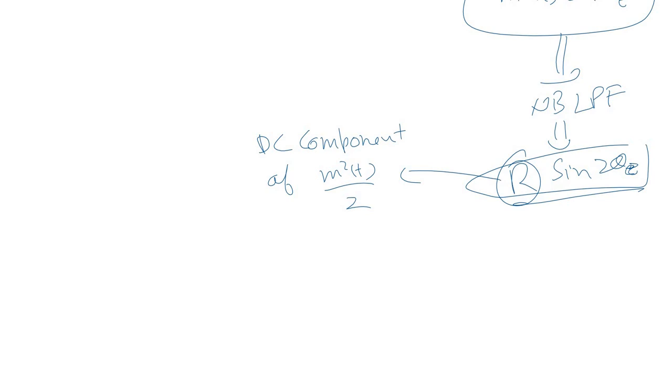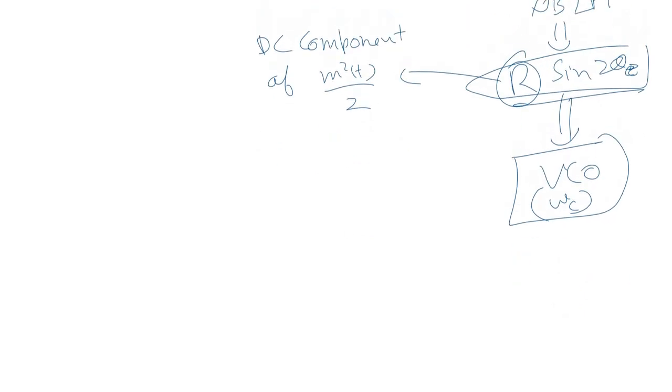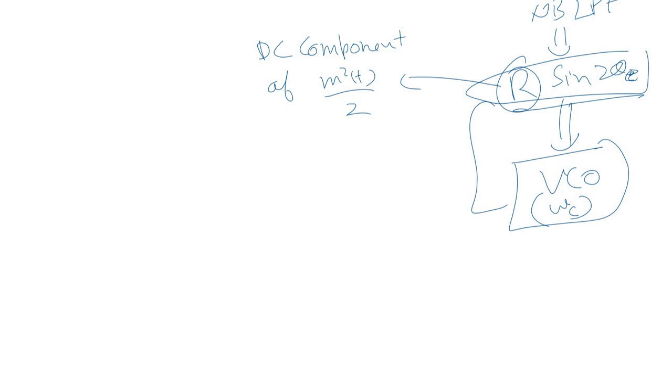So the input R sine 2 theta E, which is kind of a feedback signal, will increase the output frequency of the VCO.